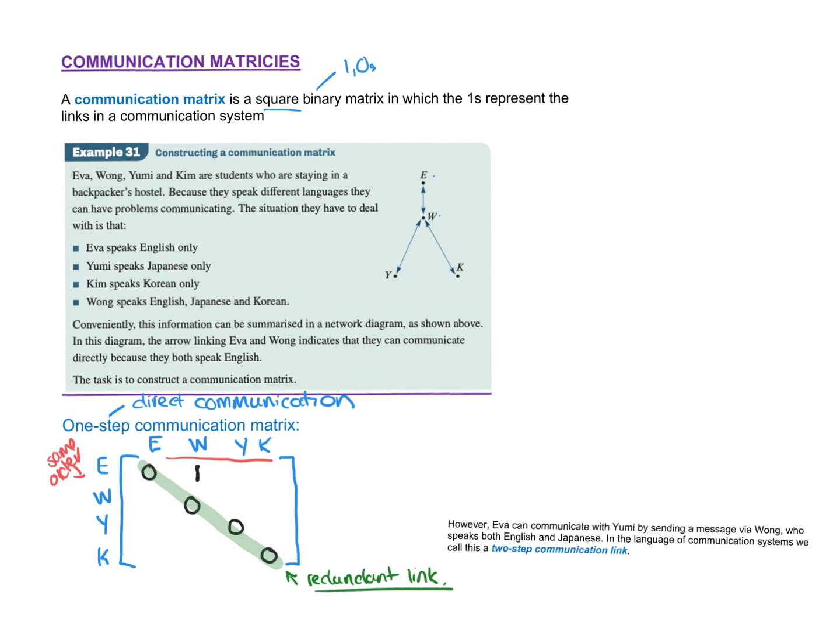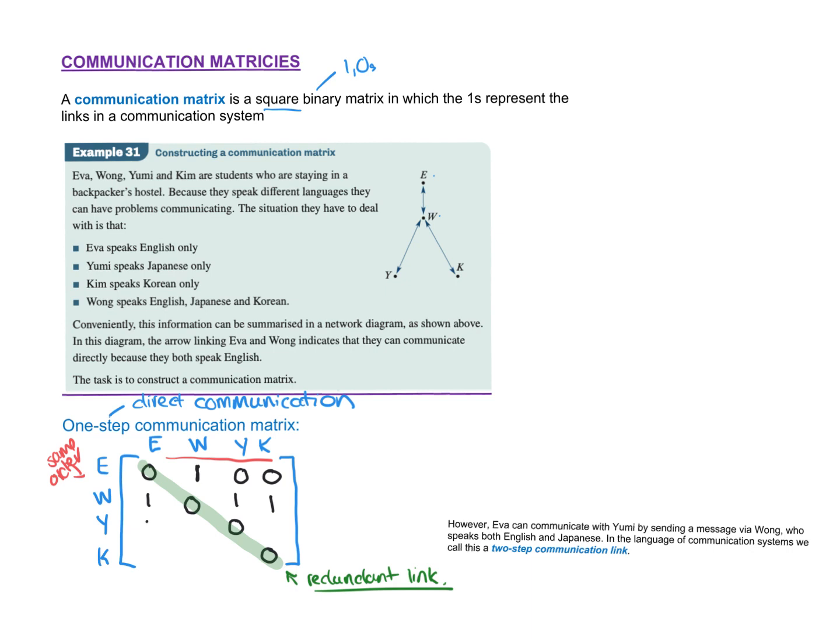So you can put the zeros in when you're setting it up straight away. Now, we said Eva couldn't talk to the other 2, so we put that. Now, if you look at Wong, he can talk to everyone, so we'll put a 1 across there. If you look at, what was Y?